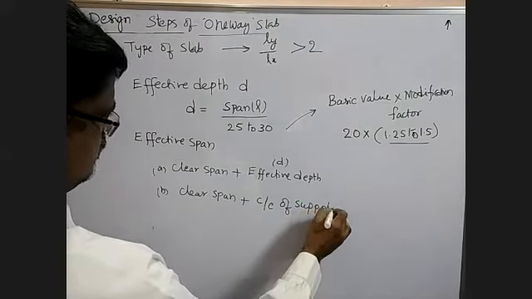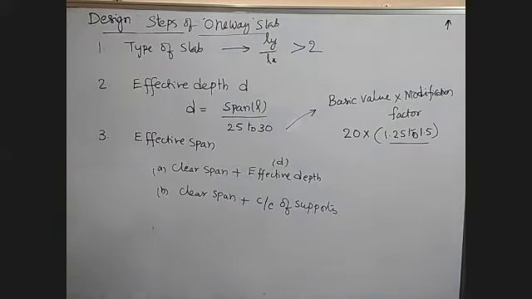Effective depth means d. See here, the third step is the effective span.